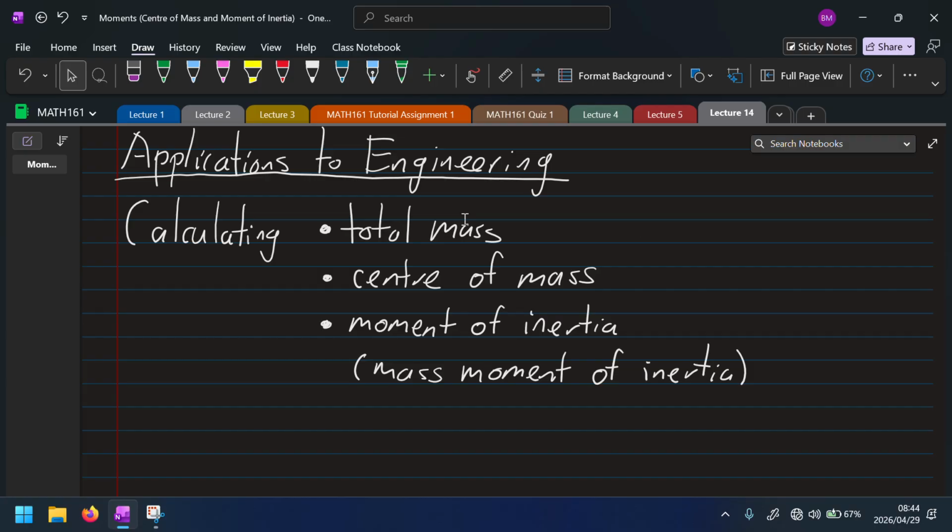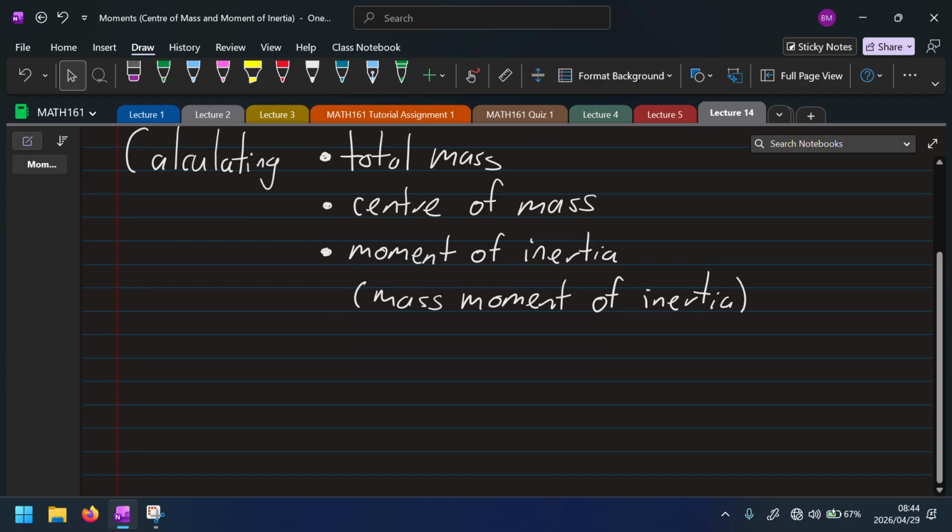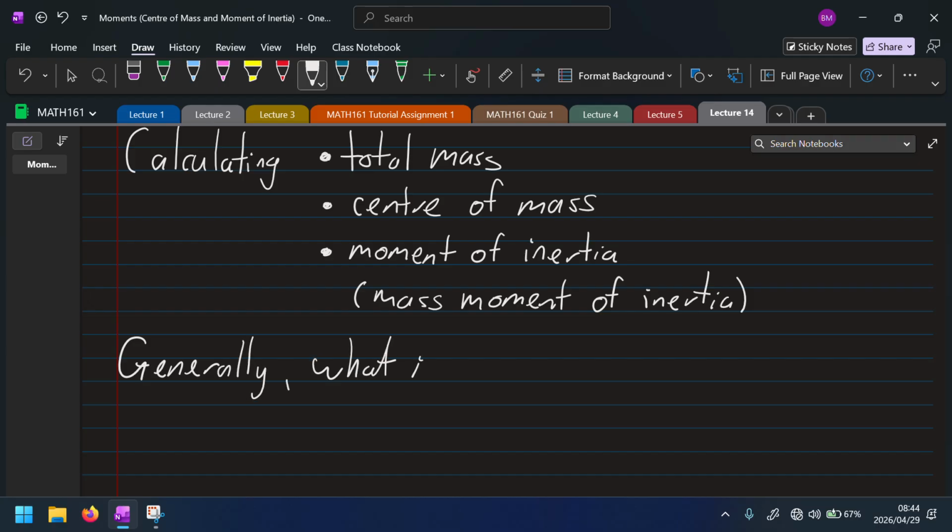You can get more moments after that, but for our applications, we're only going to look at 0, 1, and 2. Much later on in your third year, when you do statistics, you will look at moments of a distribution. It's the same idea. So we'll look at it generally, and then we'll look at these 3 specific cases. Okay, so generally, what is a moment?